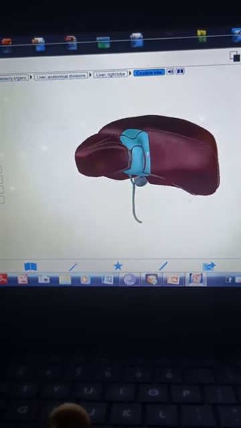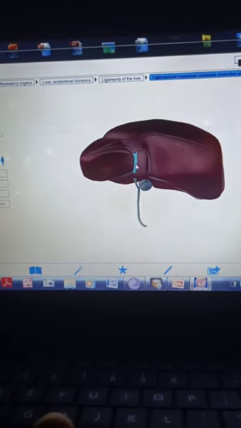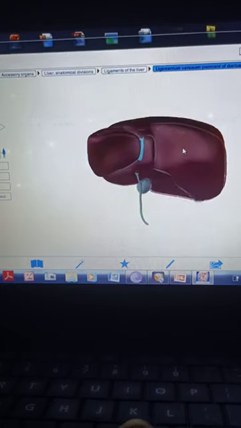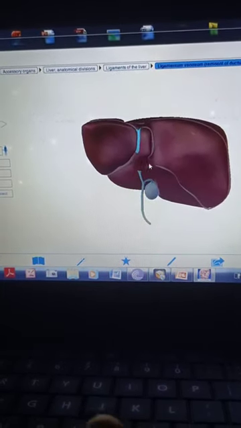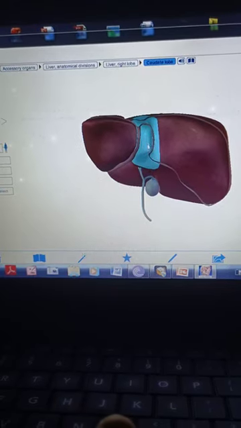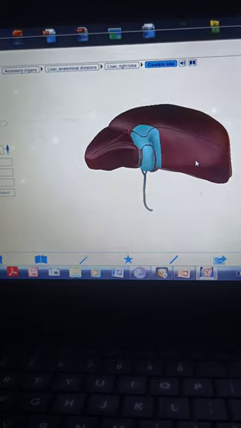Then on the right side there is the groove for the inferior vena cava, and on the left side there is the ligamentum venosum. Then inferiorly there is the porta hepatis. Porta hepatis is the fissure present between the caudate lobe and the quadrate lobe. This is the boundary of the caudate lobe.